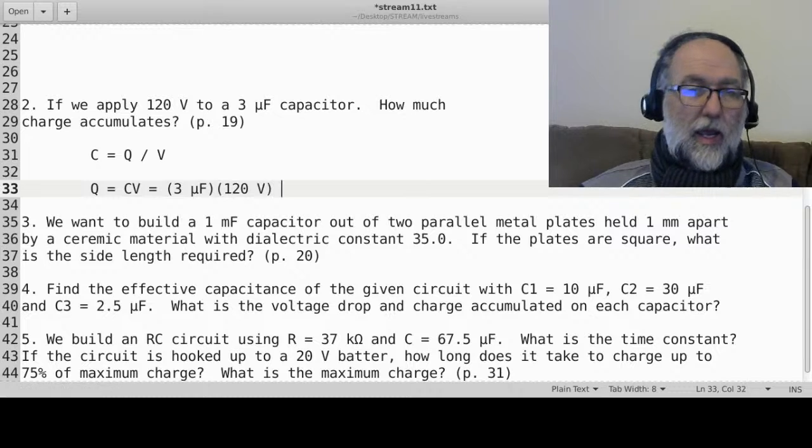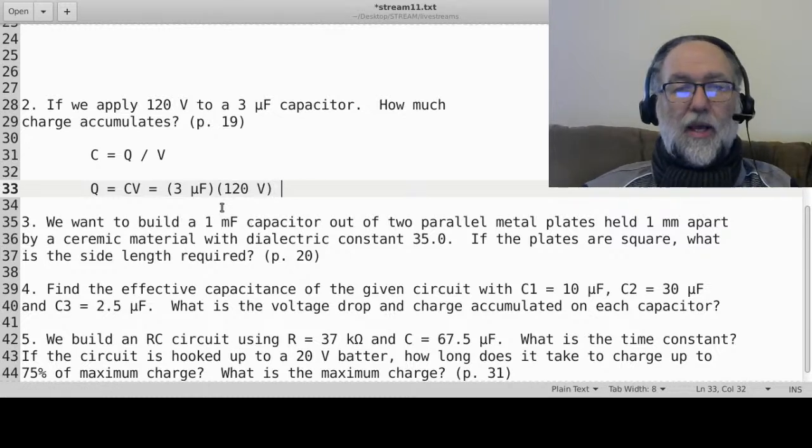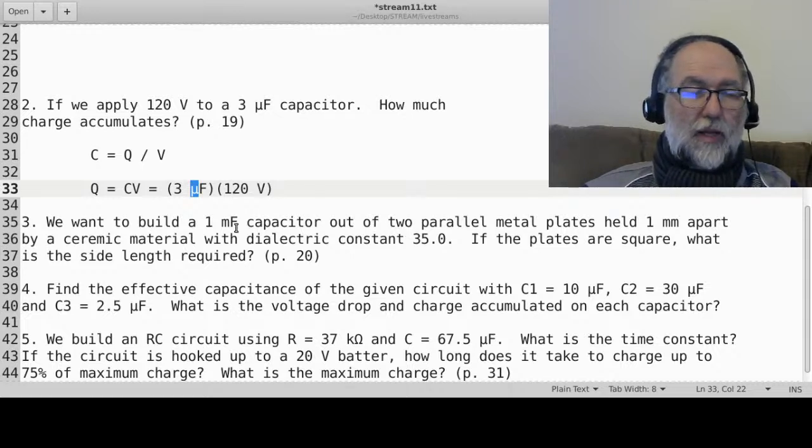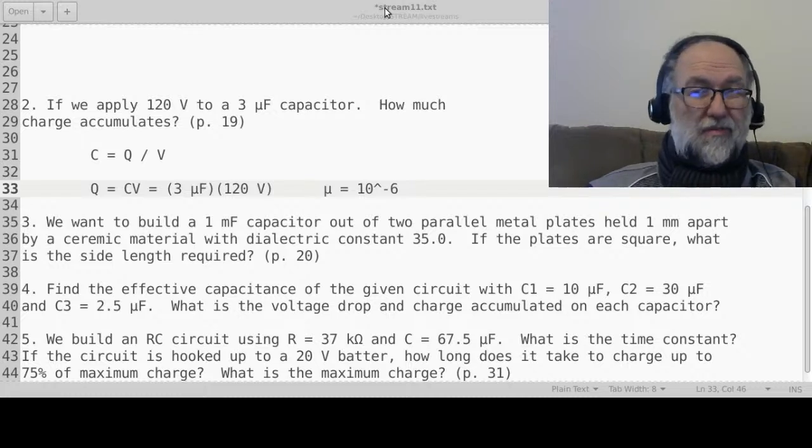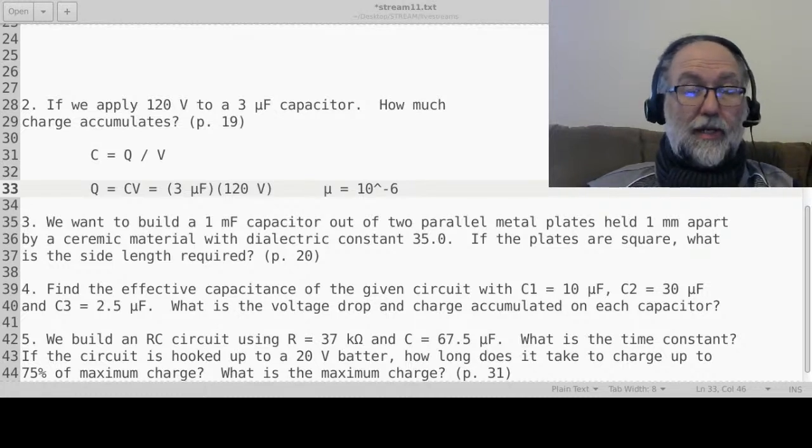Now you've got to be careful, because this is not exactly MKS. It's that micro there, and you can do this in a couple of different ways. By this point, you've probably gotten good at these problems, and you know that micro is just a short form for 10 to the exponent -6. You could put that in there, but chances are you're going to be pulling that out in a minute again and putting back another metric unit.